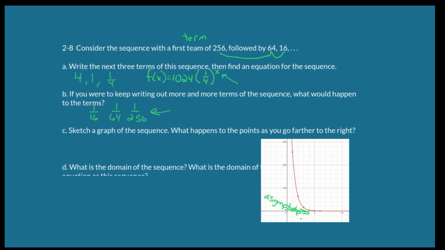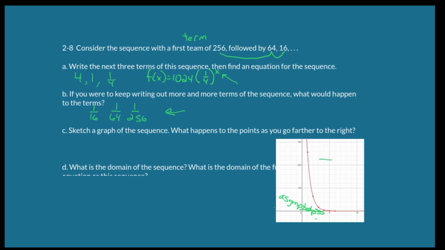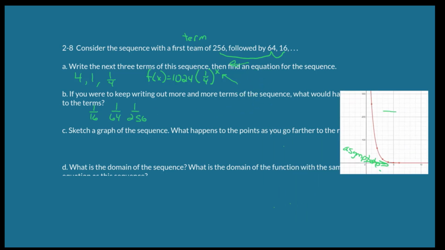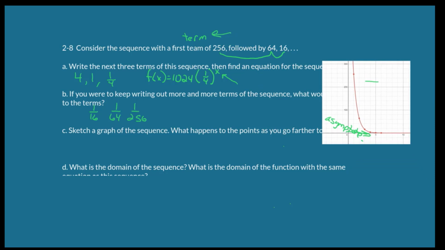Okay, what is the domain of the sequence? Well, let's move this over. The domain of the sequence is going to be all x values. Okay, we can use all x values in this. That's all real numbers. So domain is all real numbers.